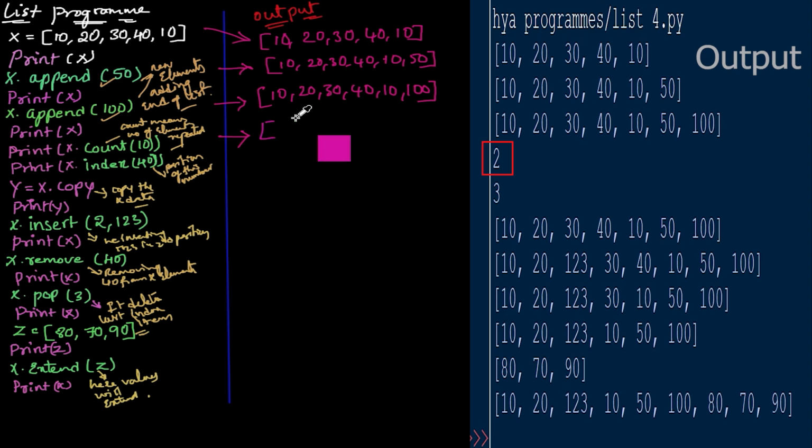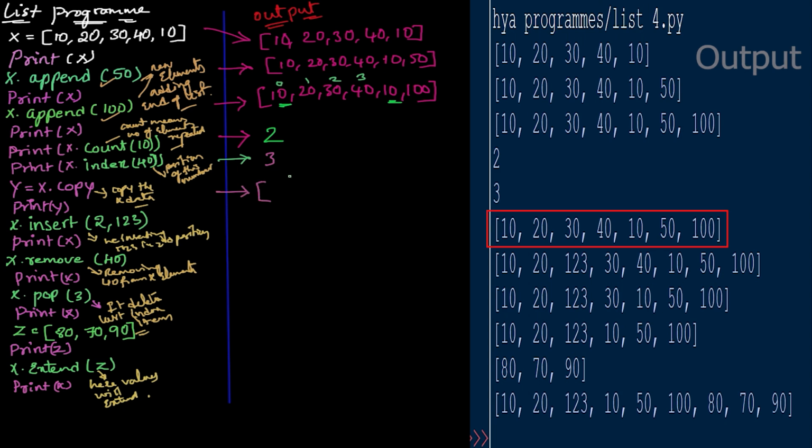There are two tens, so we get output 2. Next, here it is asking for the index value. The index value is the position. Position means it counts from 0, 1, 2, 3. The 40 is at the third position. So here the output is 3.